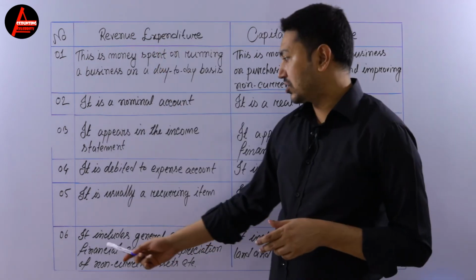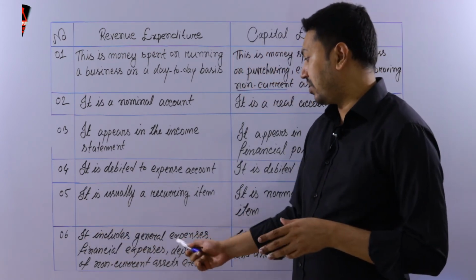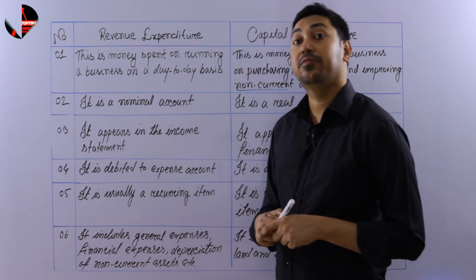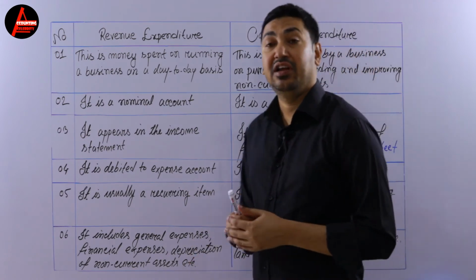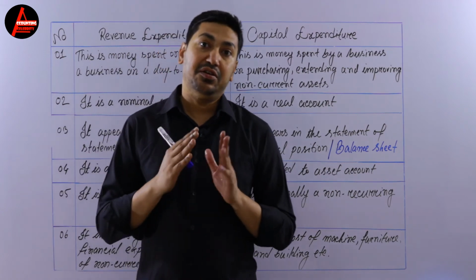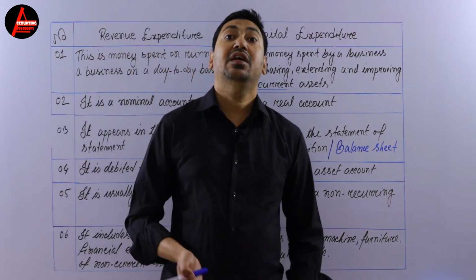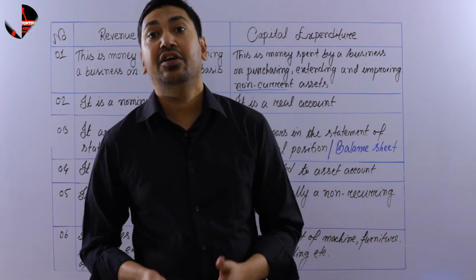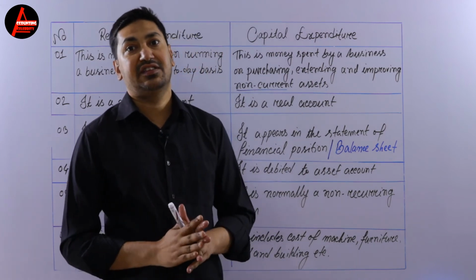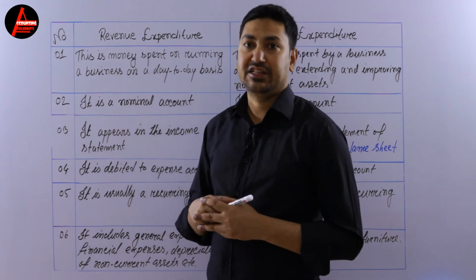Last one, number 6. It includes general expenses, financial expenses, depreciation of non-current assets, etc. I said that all the expenses like salaries, wages, depreciation, bad debts, then stationery, bank charges are examples of revenue expenditure.